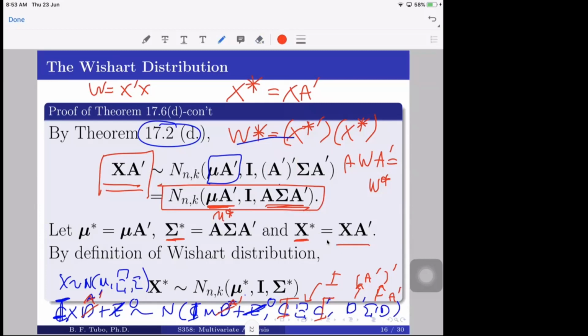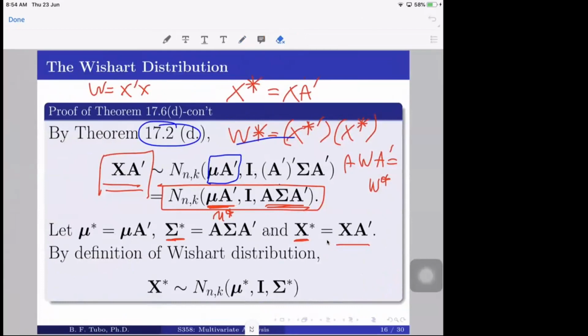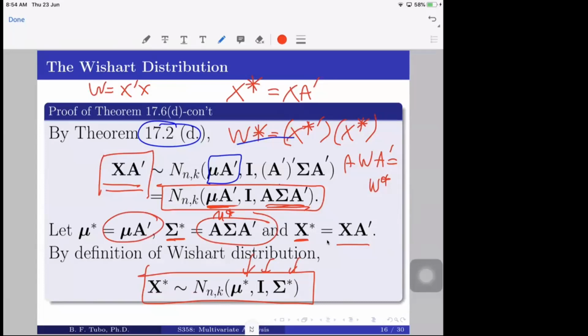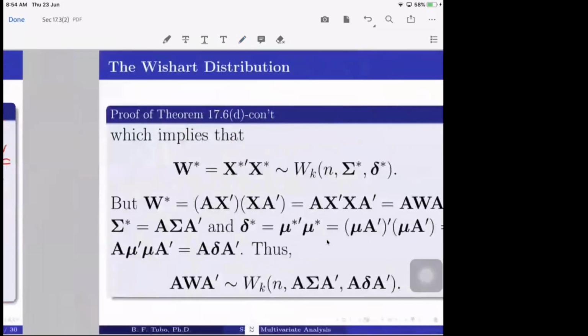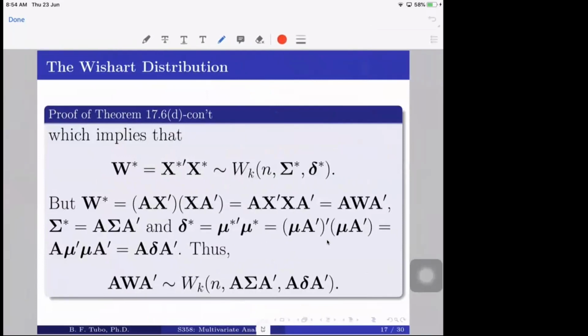So since everything on the assumptions of a Wishart distribution will be satisfied, X star is normally distributed with a mean mu star, I, and sigma star. So take note of the form of your mu star and sigma star. This implies that if we get X prime X, or X star prime X star, it becomes Wishart.